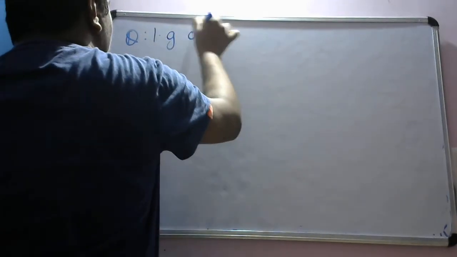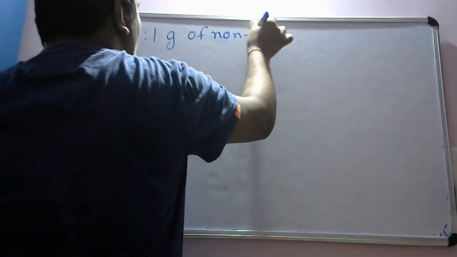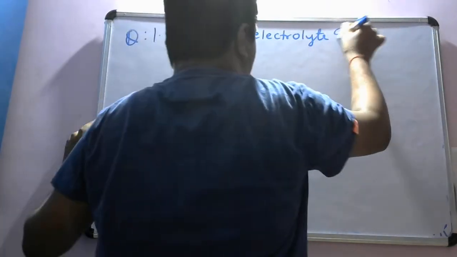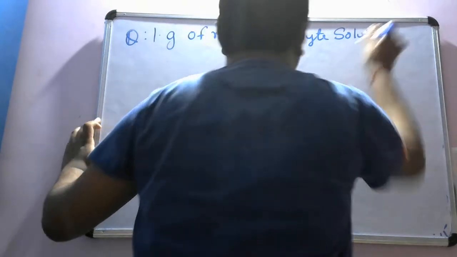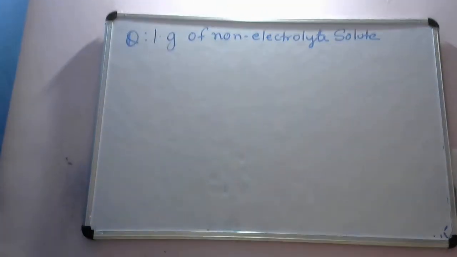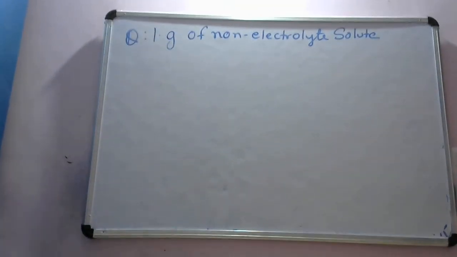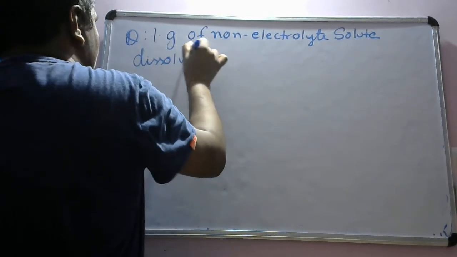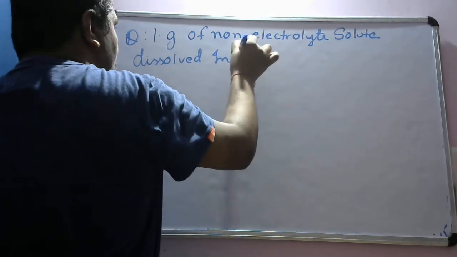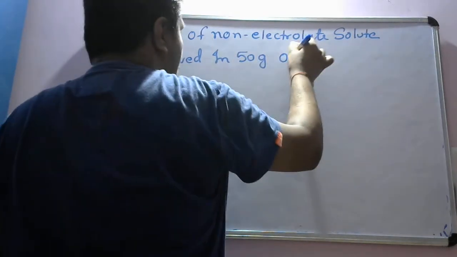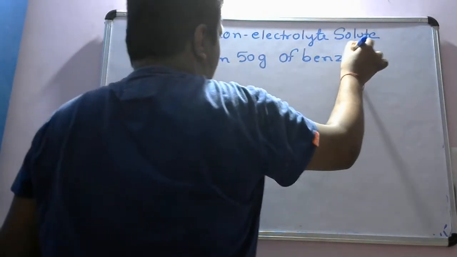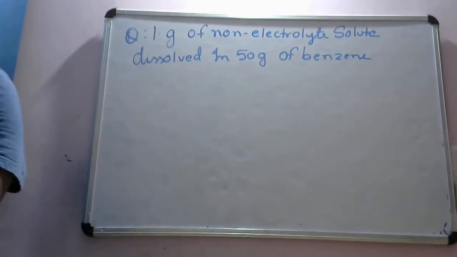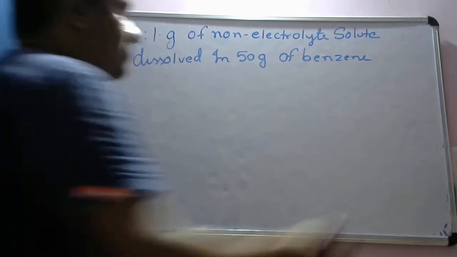This is also an NCERT question. 1 gram of non-electrolyte solute dissolved in 50 grams of benzene lowers the freezing point of benzene by 0.40 Kelvin.